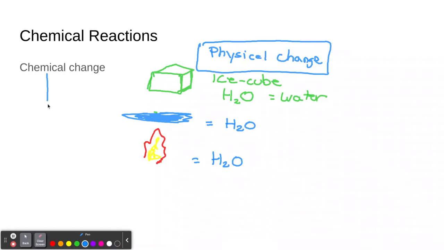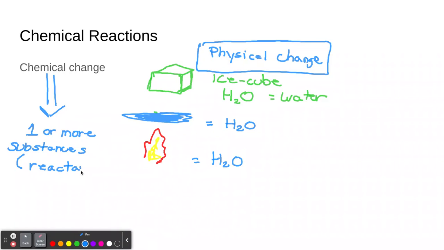Now, with a chemical change, we're going to take one or more substances, which by the way will be called the reactants. It's a vocabulary word. The reactants, one or more substances, are converted to one or more different substances.